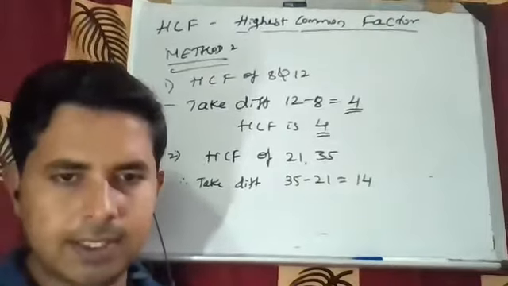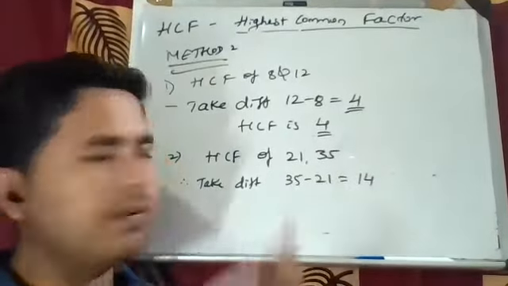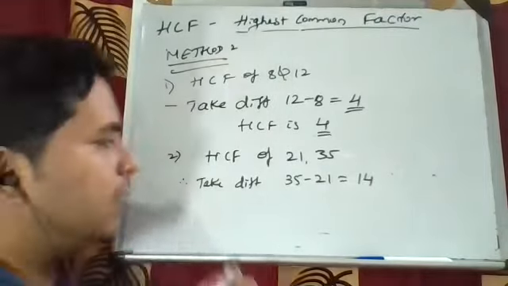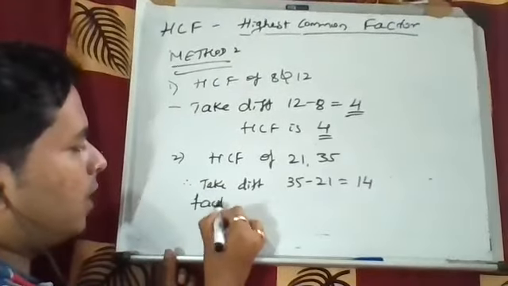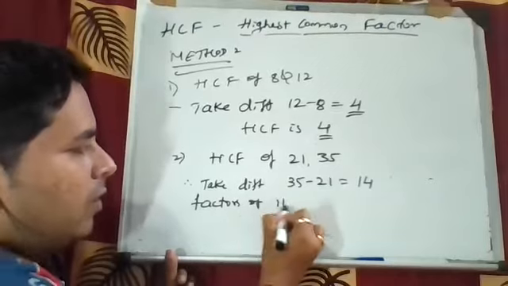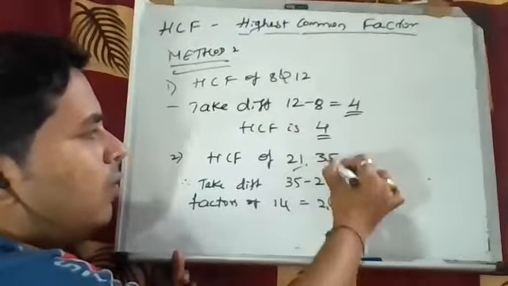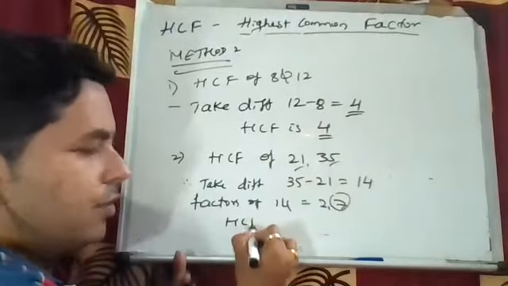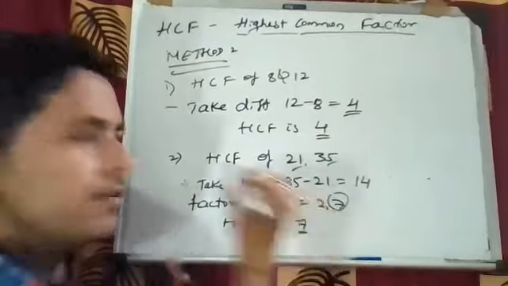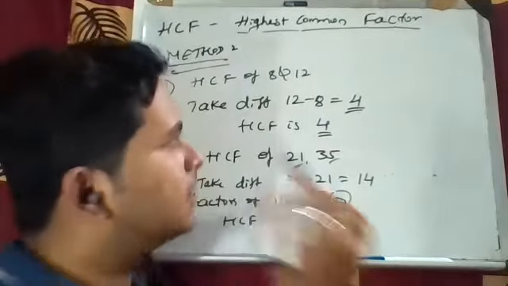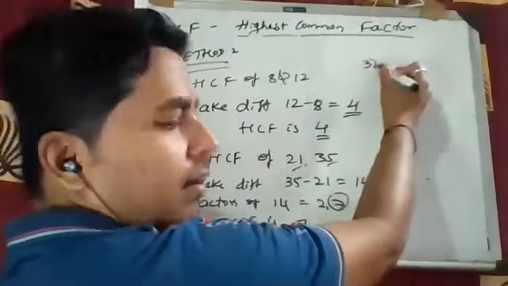But 14 never divides 21 and it never divides 35, so take the factors of 14: 2 and 7. My 7 will divide 21 and 35. So here the HCF is 7. Yes.